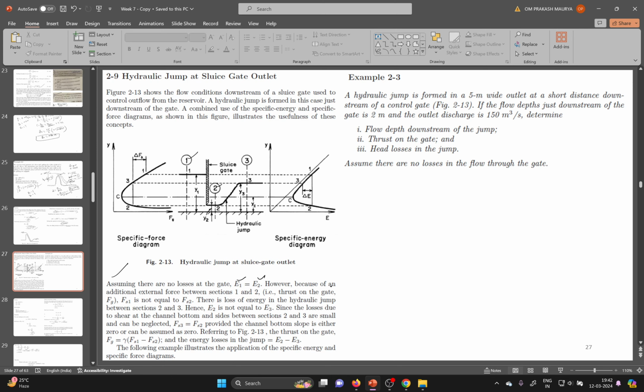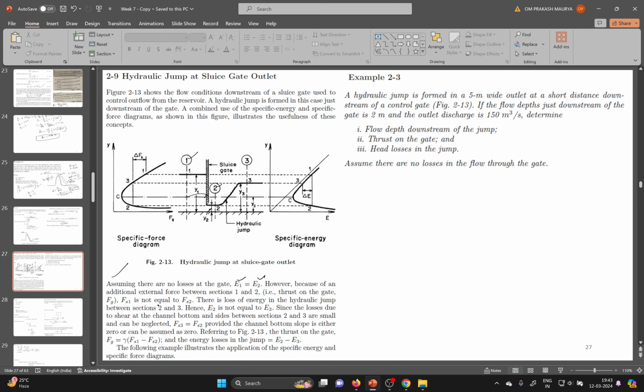However, because of an additional external force between section 1 and 2, the specific force will not be equal, because of the additional thrust of water acting on the wall of the gate. So at section 2 and section 1 the specific force will not be equal, but the energy will be equal.